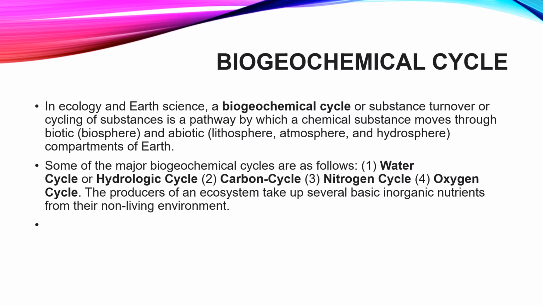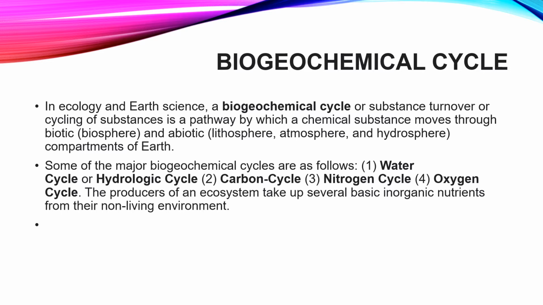Biotic means all life forms, biosphere. And when we say abiotic, it means lithosphere, atmosphere and hydrosphere. So in this way a cycle runs, living to non-living, then non-living to living. This is called the biogeochemical cycle.